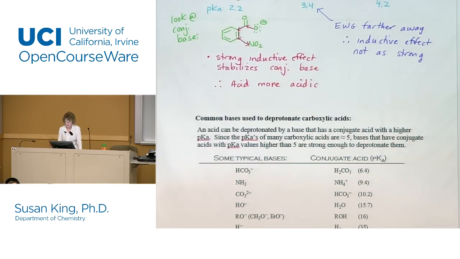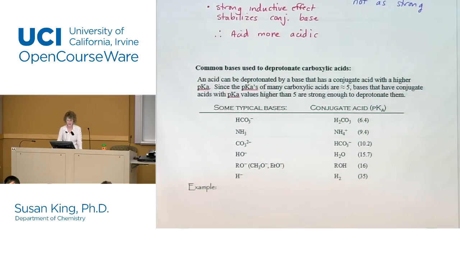An acid can be deprotonated by a base that has a conjugate acid with a higher pKa. Since pKa's of many carboxylic acids are about 5, bases that have conjugate acids with pKa values higher than 5 are strong enough to deprotonate them. So that's what you want to look for. Some typical bases, let's finish that sentence, that are used to deprotonate a carboxylic acid.